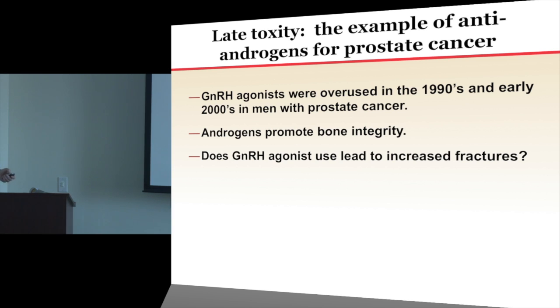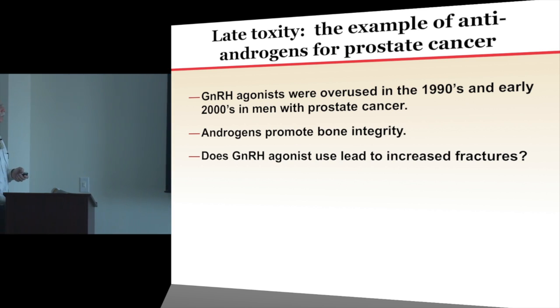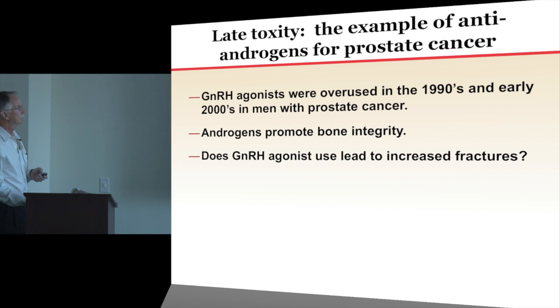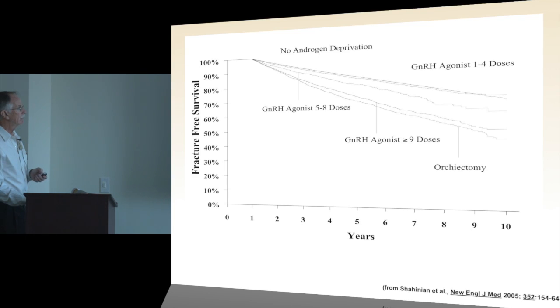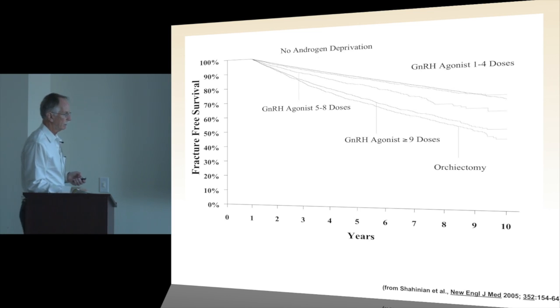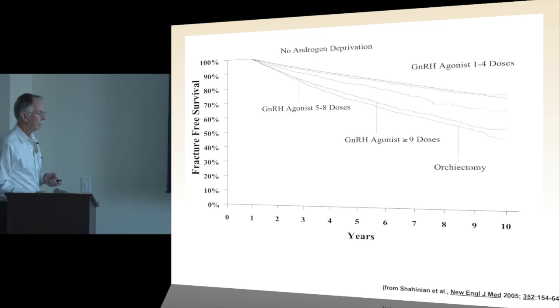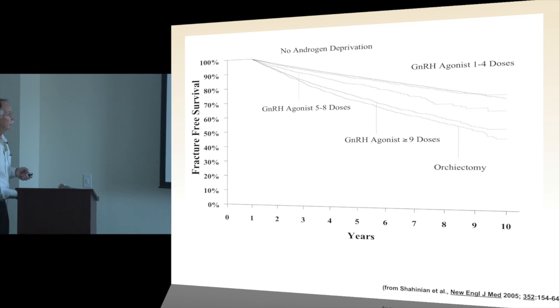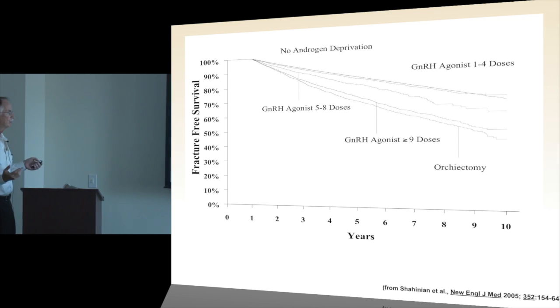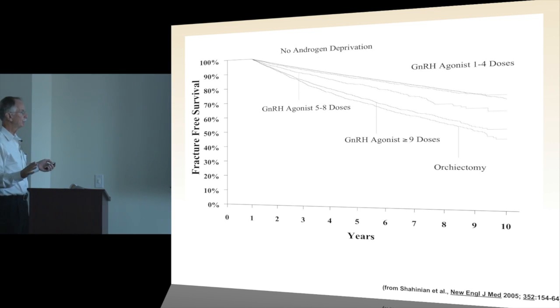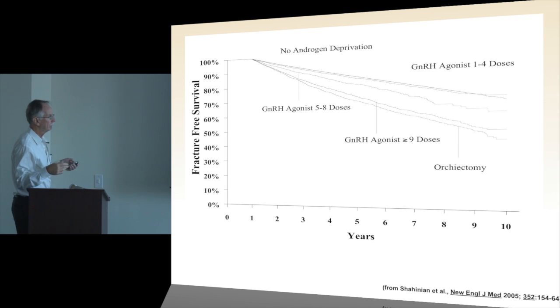So we did a bunch with Lupron, with GnRH agonists, and this was one that Vahak and Shahinian did in the New England Journal about 10 years ago. And the nice thing when you're the first person to do these things is you can keep it real simple. You don't have to be real complex.